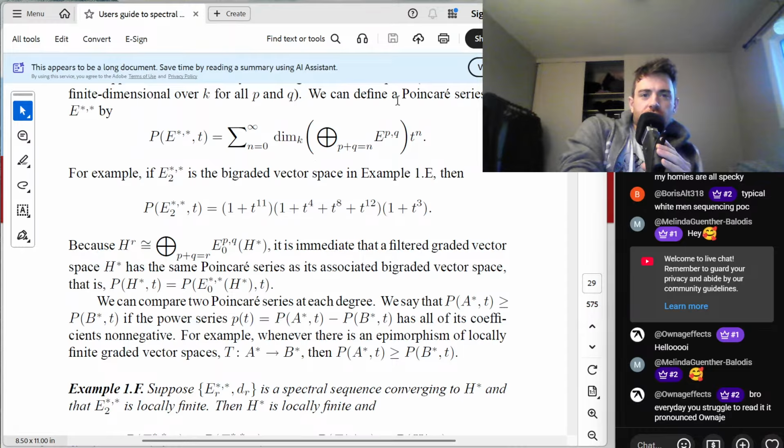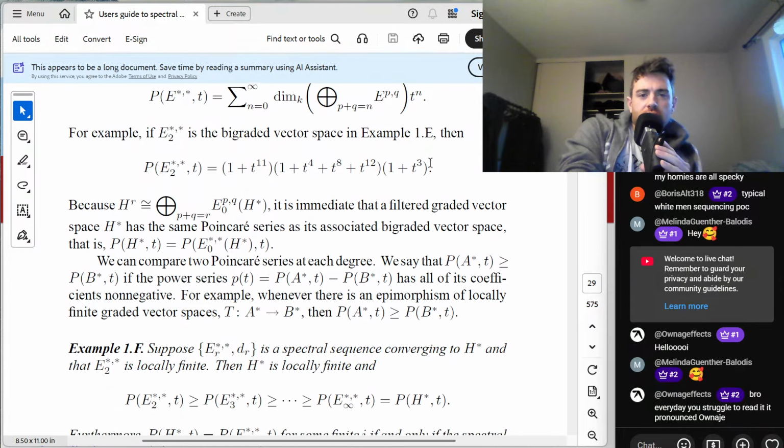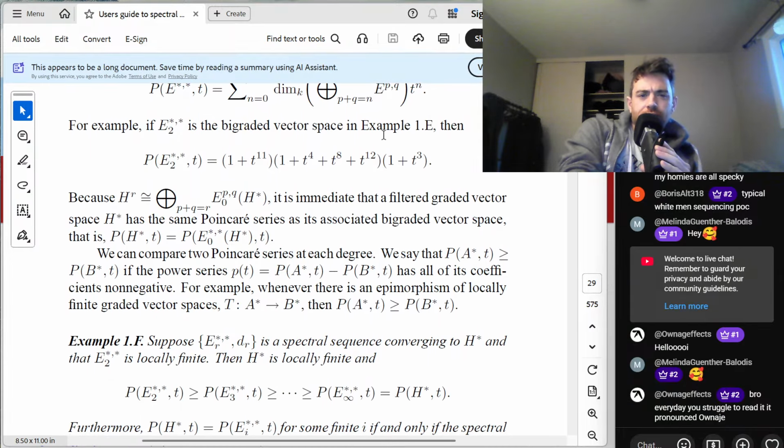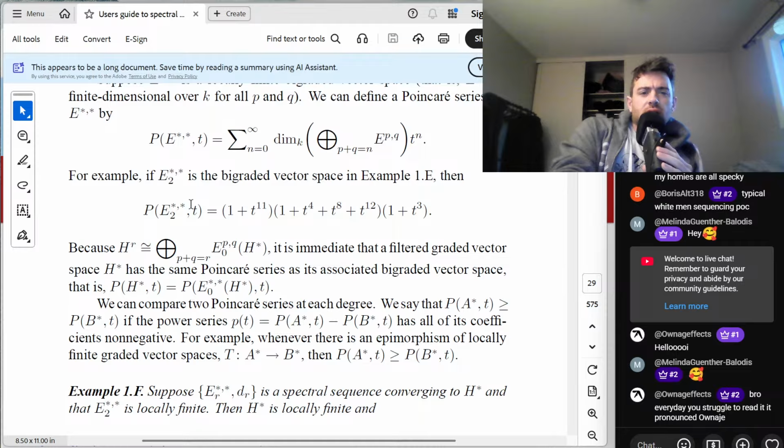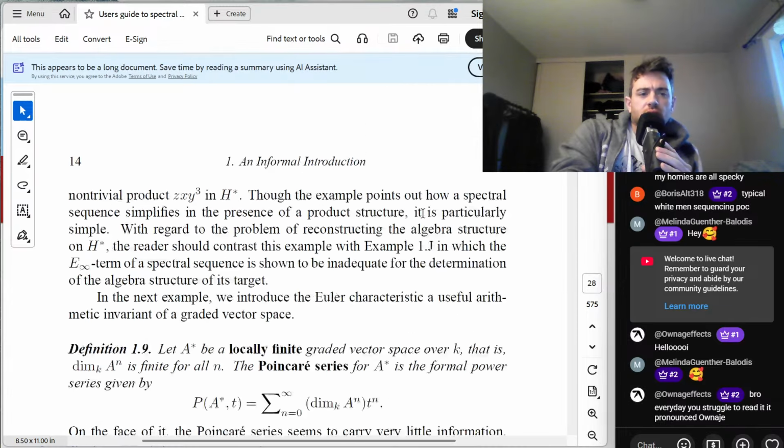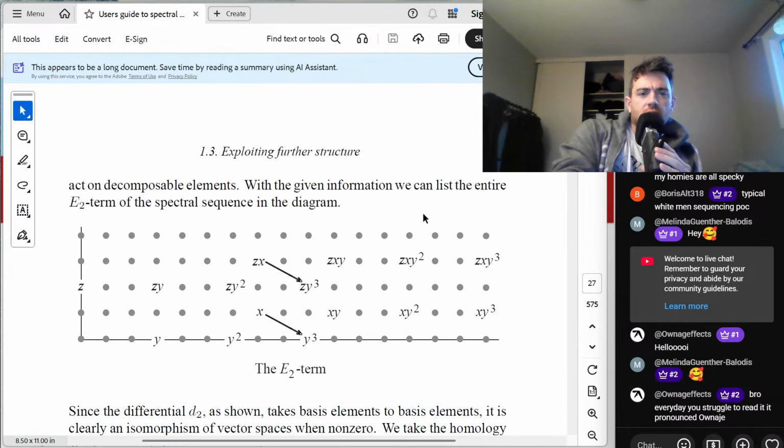Okay, so we have Poincare series for the bigraded things. For example, this is the example in 1E, the XYZ example, right, that was this one.